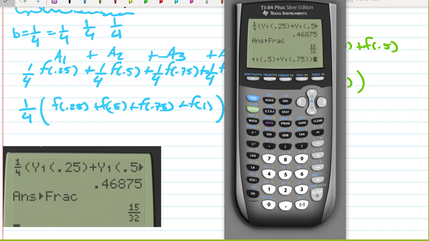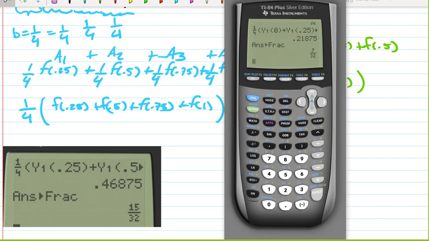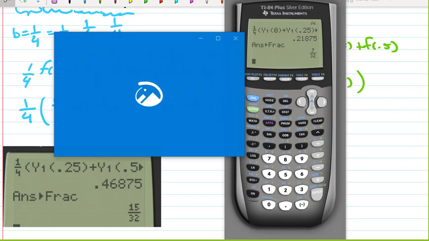Close our parentheses, and this time we get 0.21875, and if I turn that into a fraction, I get 7/32. That is also not what I wanted. All right, there we go.